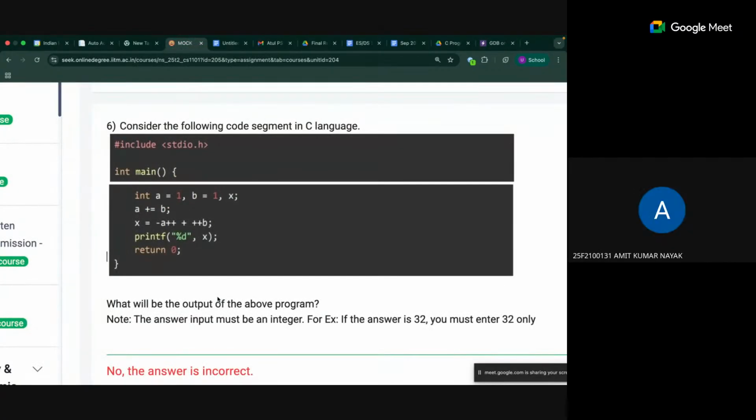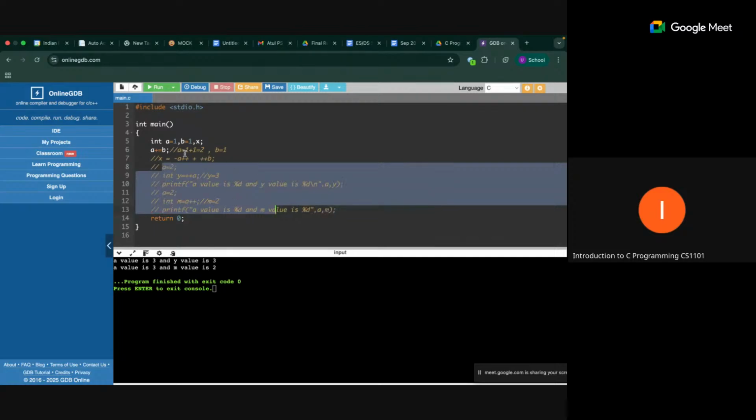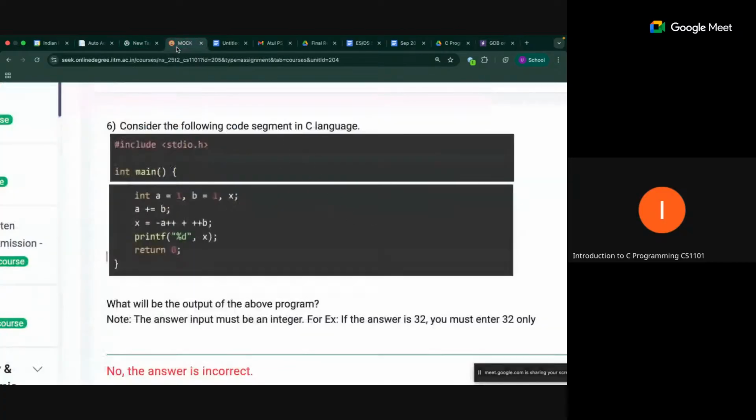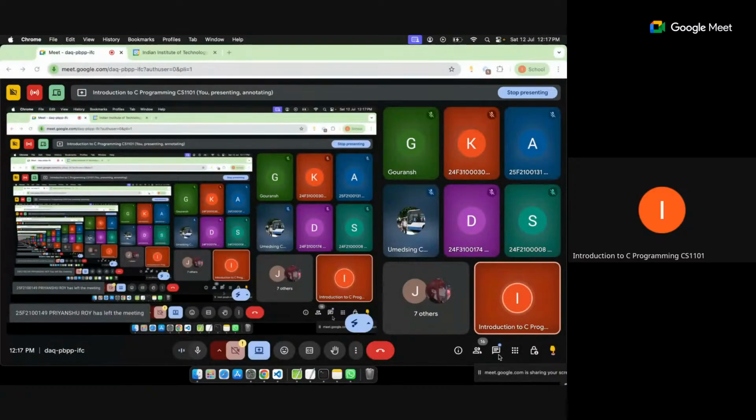Yes, ma'am. Okay. So here they have mentioned this, minus a plus plus, plus plus b. So what will be the x value then? Yes, ma'am. What is the answer for that?